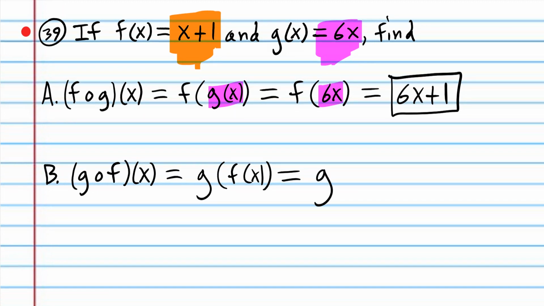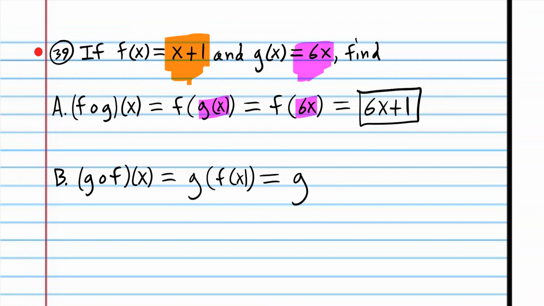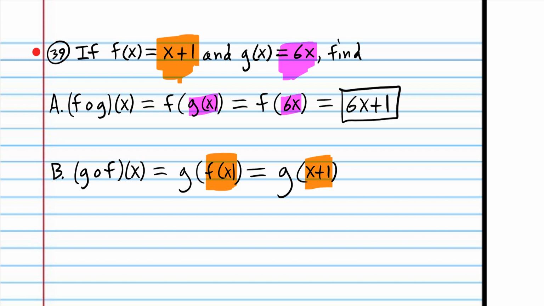Now we know f of x is x plus 1, so I'm just going to plug that in there. So it's x plus 1. And so now we're just trying to find g of x plus 1. So what this means is we're going to write 6x, but instead of x, you see the green x, instead of x, we're going to enter x plus 1.